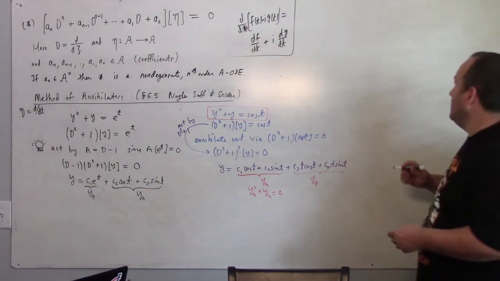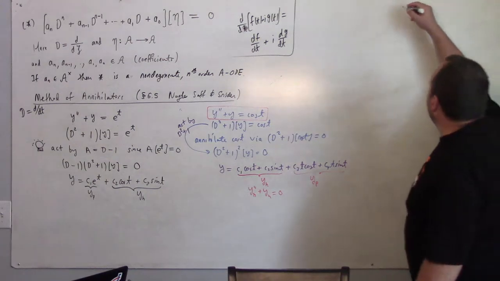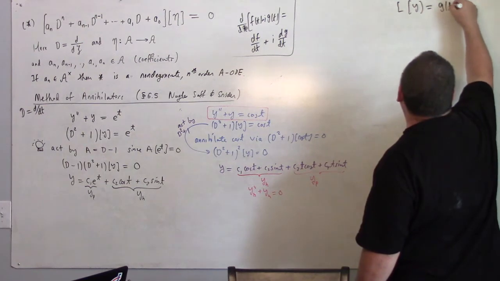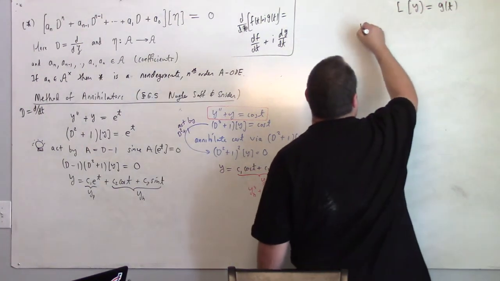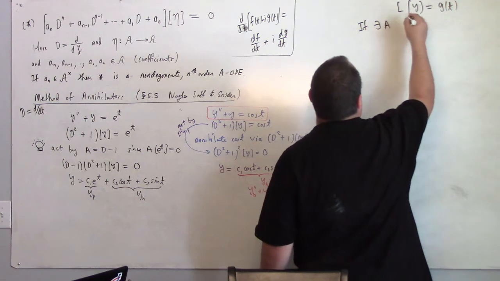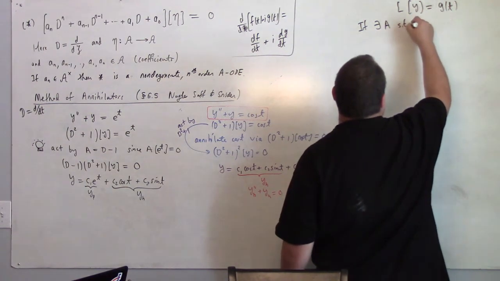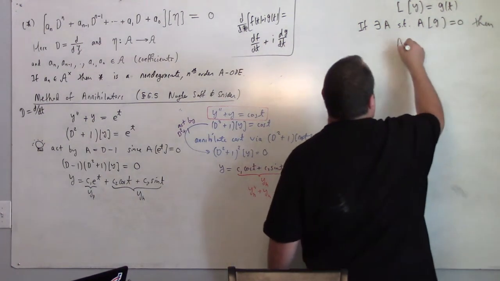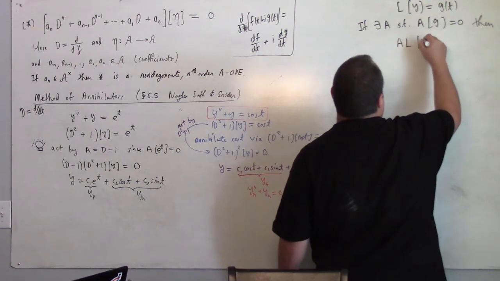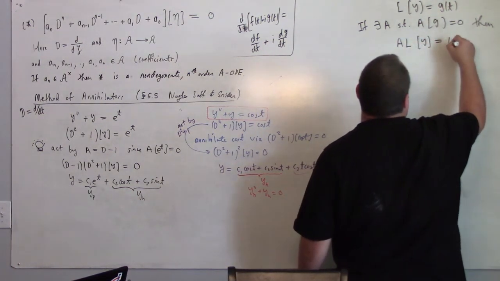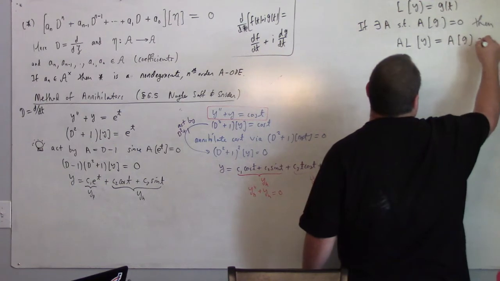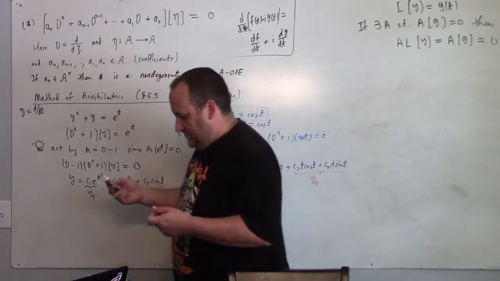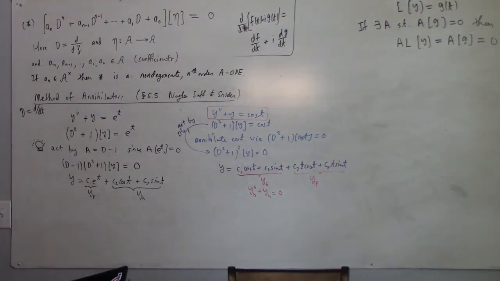Absolutely. Okay, so with the method of annihilators, can this work in every case? Right, so the question is, L of y equals g. If there exists A such that A of g equals 0, then A L y equals A acting on g equals 0. Now that could be generally true.